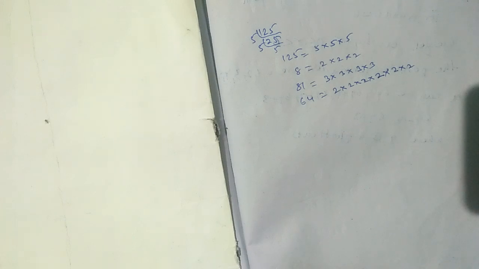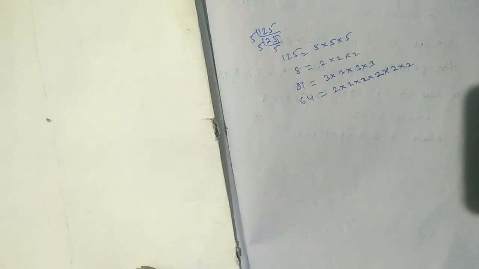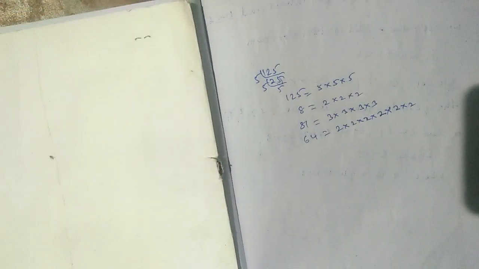So what I am going to say here is, a composite number can be expressed in the form of a product of prime numbers. Let us observe a few more examples.